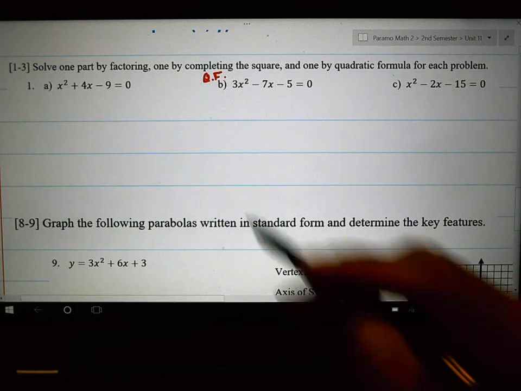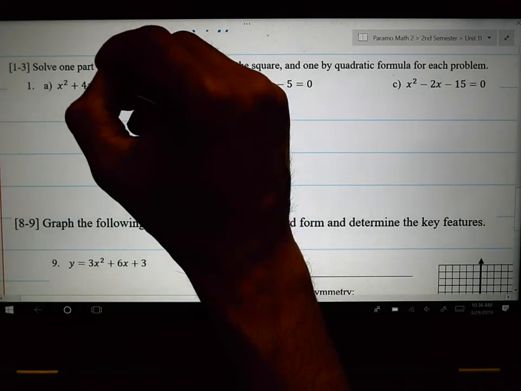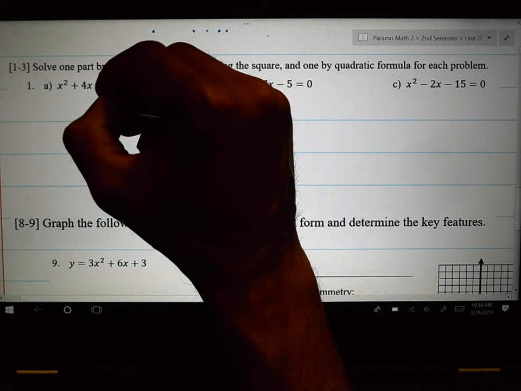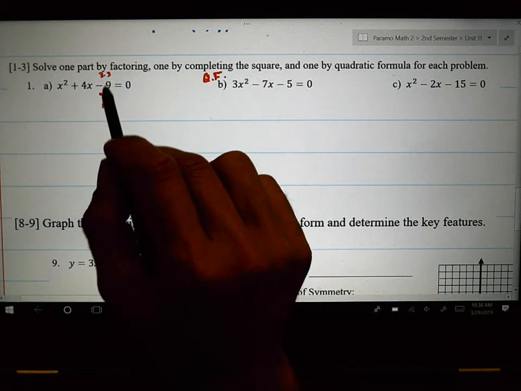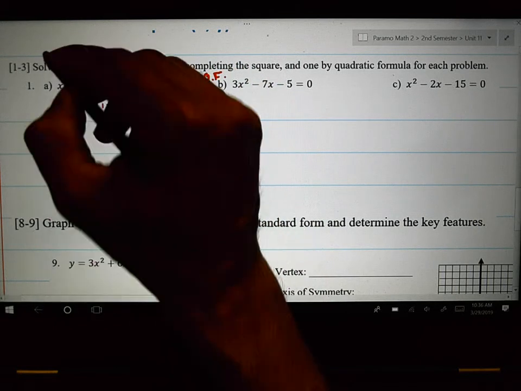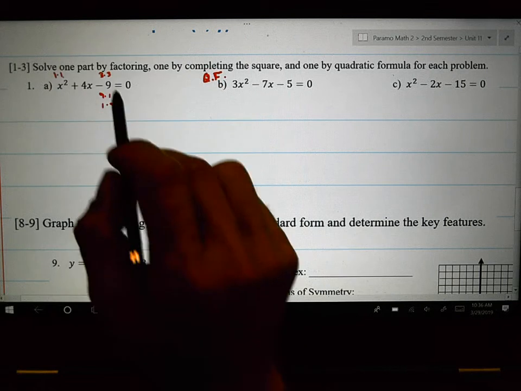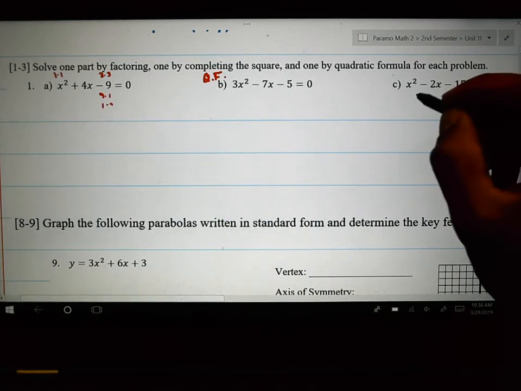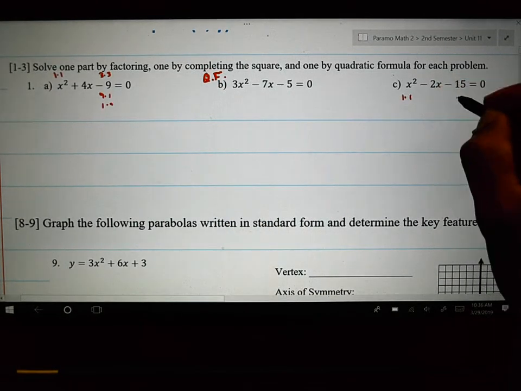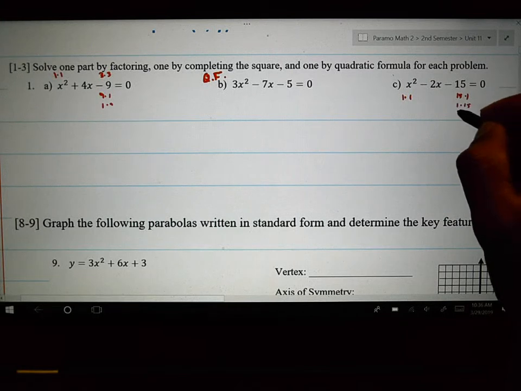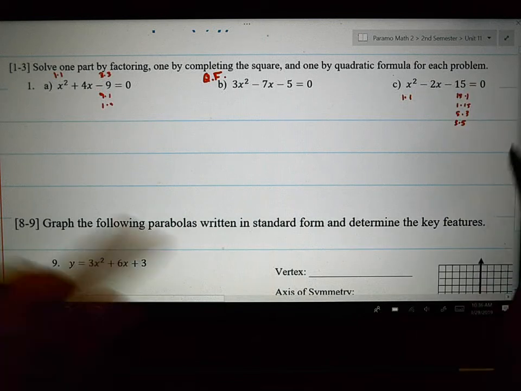What I need to do is figure out if any of these times any of these will make that, or if any of these will make that.